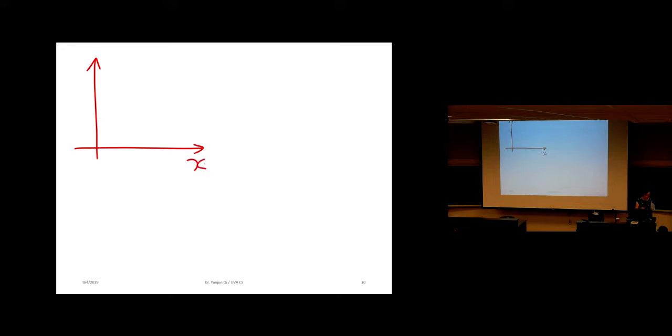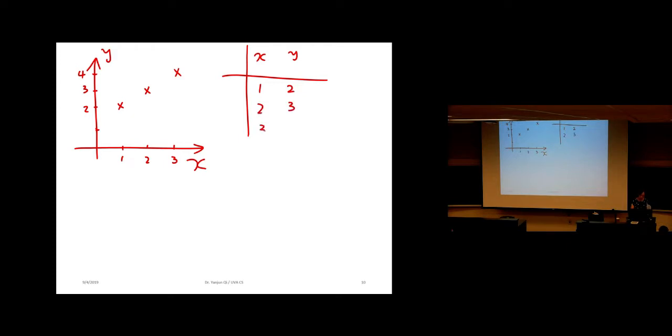You're given the training data. There are totally 3 points: (1, 2), (2, 3), (3, 4). That's my training data.